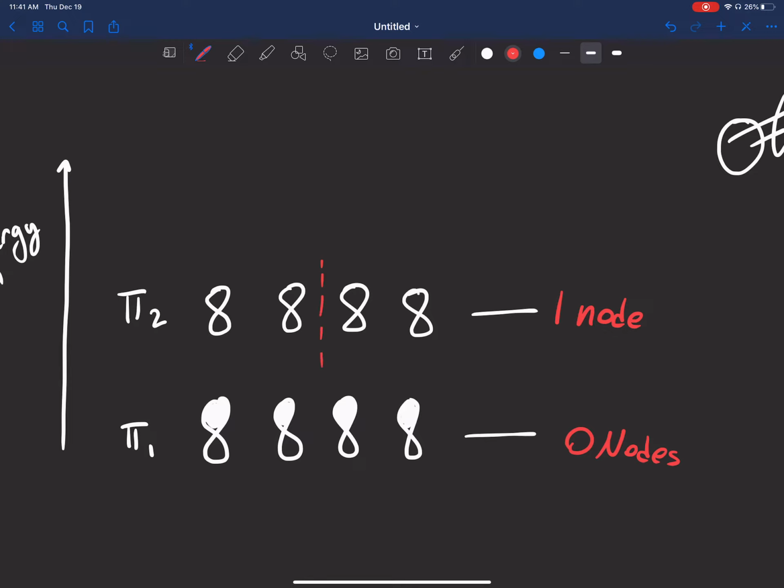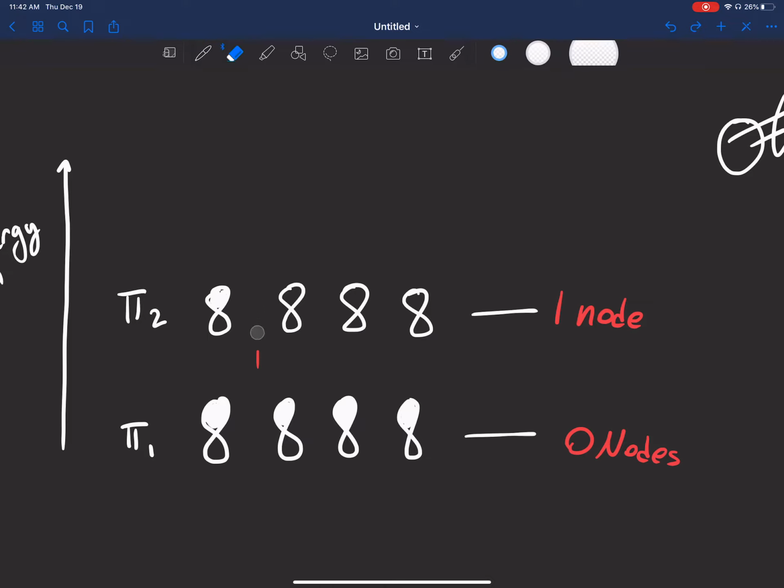This dashed line somewhere. Well, you're going to have to keep the overall molecular orbital symmetrical. So if we put it here, this is going to be shaded white, and now these are going to be shaded this way because they have to be the opposite of what was on the other side of the node. That's not symmetrical.